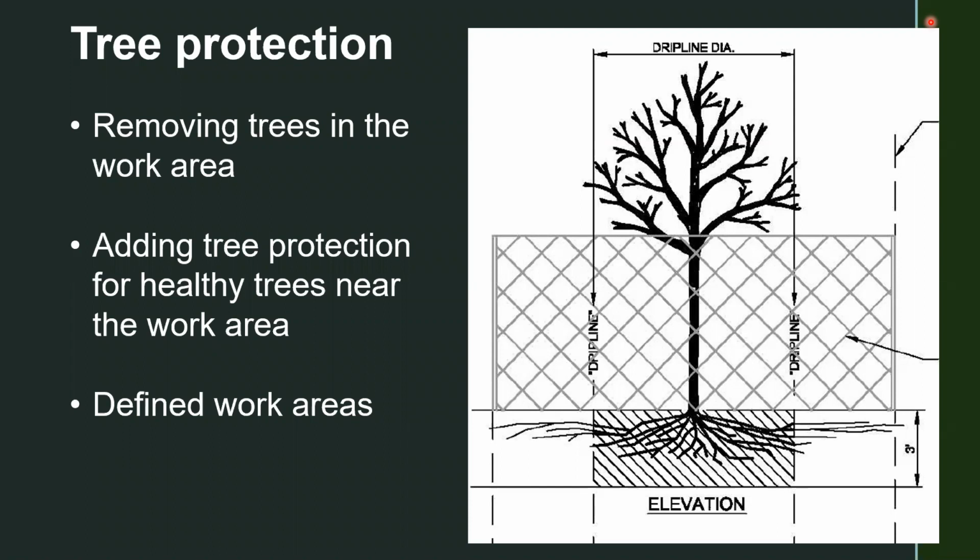You can see the drip line on either side of the tree's canopy, and then you can see an area that extends, in this case, well beyond the drip line to protect not just the tree, but the roots underground. For all of the trees that are adjacent to the work area, but not right in the way, we're going to be installing tree protection fencing, and that's fencing that's going to be up for the entirety of the project.